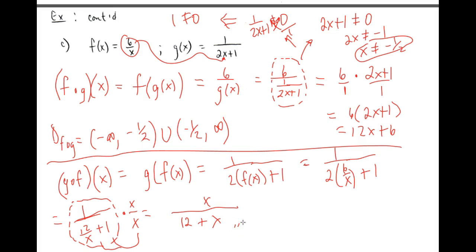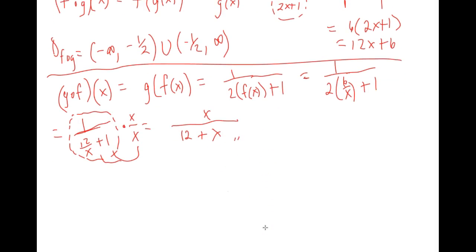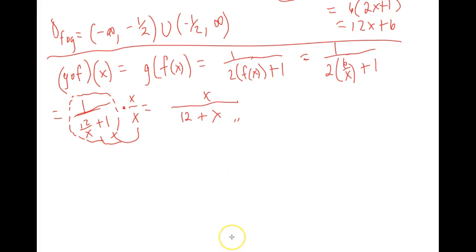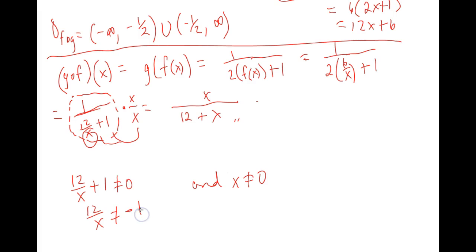As far as the domain is concerned, we have two things that we need to consider. The first thing is that we know that the entire denominator, 12 over x plus 1, cannot equal 0. And we also know that x itself cannot equal 0 because of this part. Saying that 12 divided by x plus 1 cannot equal 0 is the same thing as saying that 12 divided by x cannot equal negative 1.